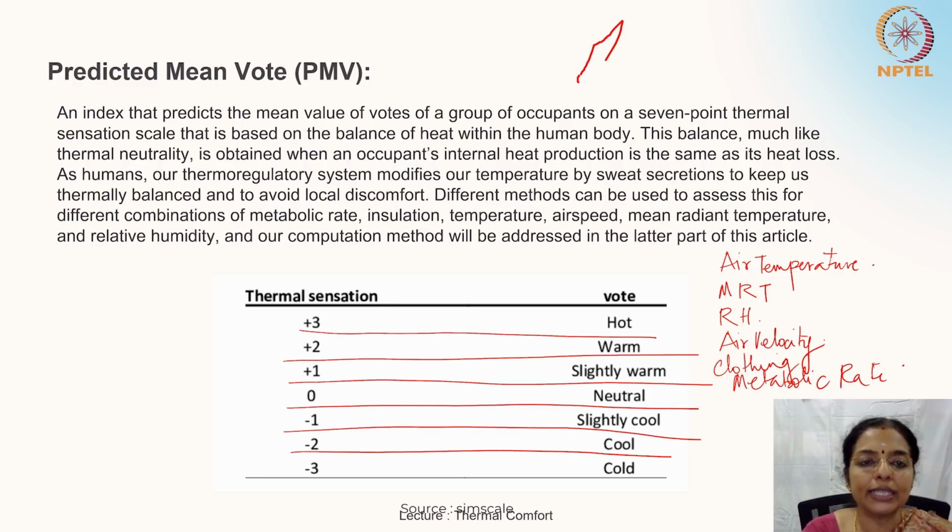As humans, our thermoregulatory system modifies our temperature by sweat secretions to keep us thermally balanced and to avoid thermal discomfort. Different methods can be used to assess this for different combinations of metabolic rate, insulation, temperature, air speed, mean radiant temperature and relative humidity, and our computation method will be addressed later.